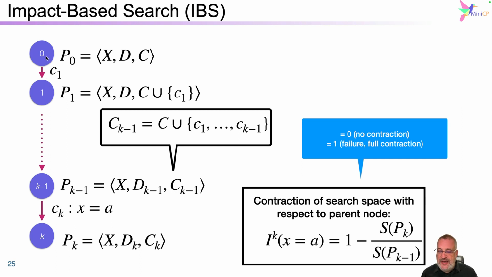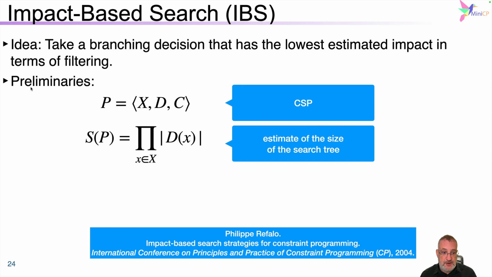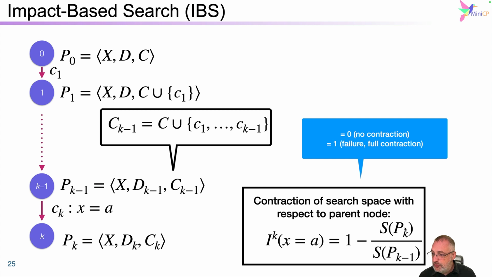Now, if you do that, you can, of course, use the estimator we just talked about on the previous slide. Remember, this estimator SP, which is the product of the domain sizes, we can use it and compute a ratio: the size of the search space before the decision and the size of the search space after. If you take the ratio, this is going to give us a number.